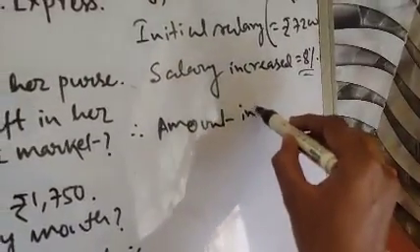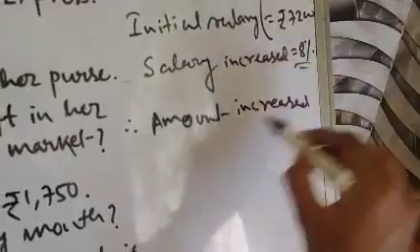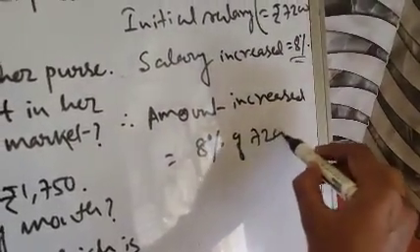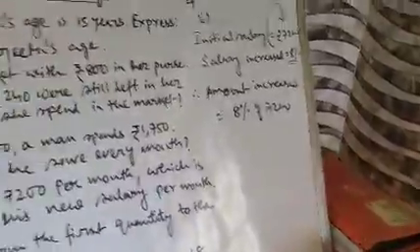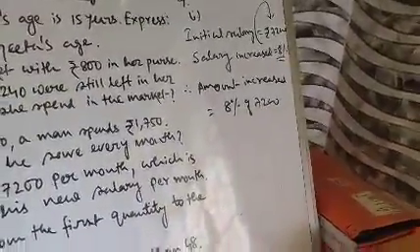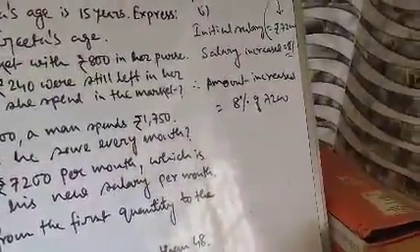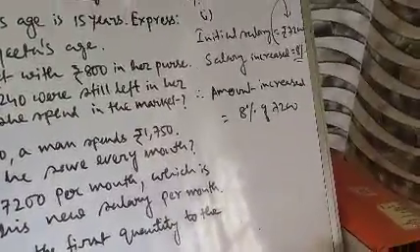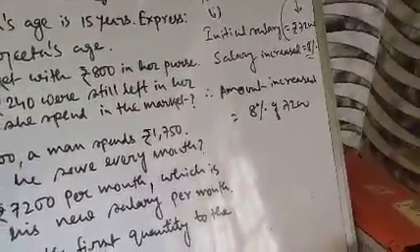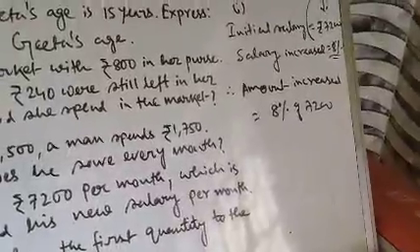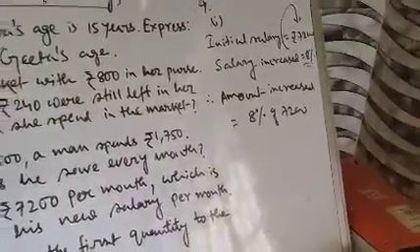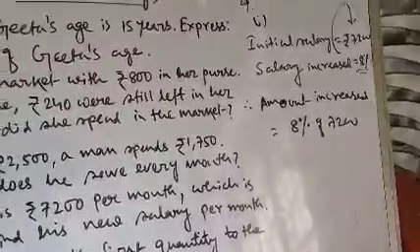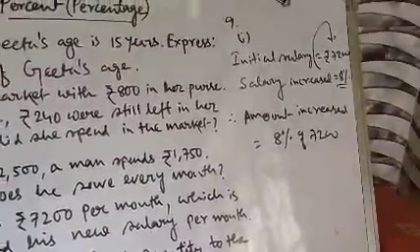The amount increased will be 8% of 7200, because his initial salary was 7200 rupees, and in the next month his salary is increased by 8%. So the salary will be increased on the basis of the amount he is withdrawing per month.